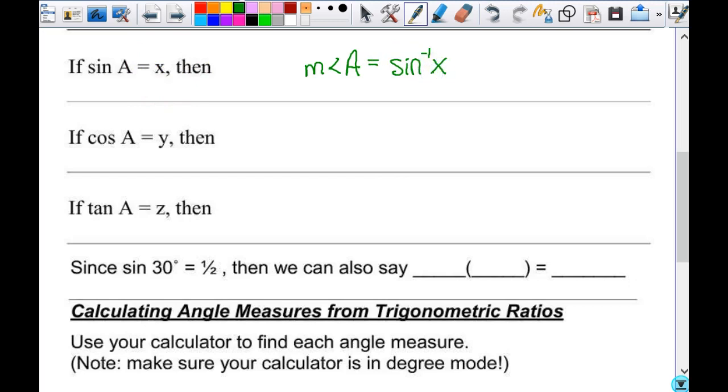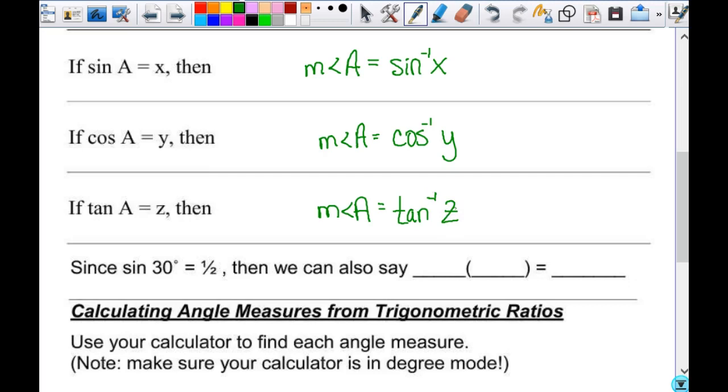Does that make sense? So if the cosine of A equals y, then the measure of angle A equals what? Cosine inverse of y. If the tangent of A equals z, then the measure of angle A is equal to what? Tangent inverse of z. That makes sense to you?